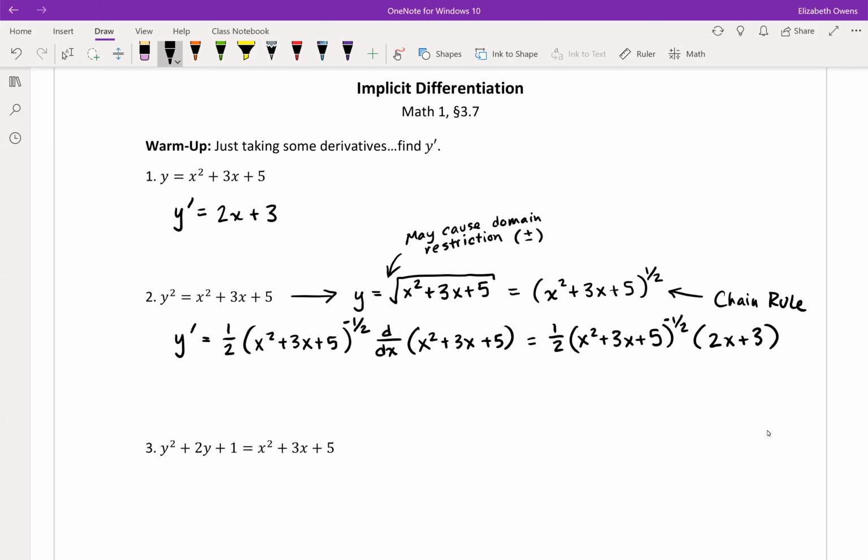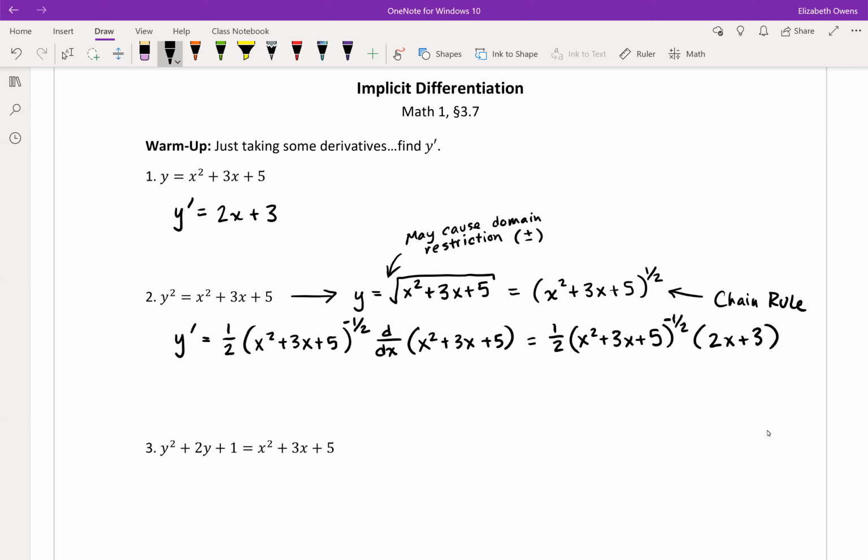Thank you for that. So yeah, that should be a -1/2 power on there in both cases. Let me make sure everything's all right there. So 1/2 x squared plus 3x plus 5 to the -1/2 and derivative of that inside. Okay, I think we are good there, so awesome.